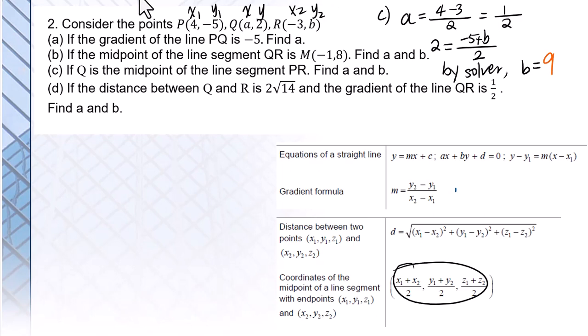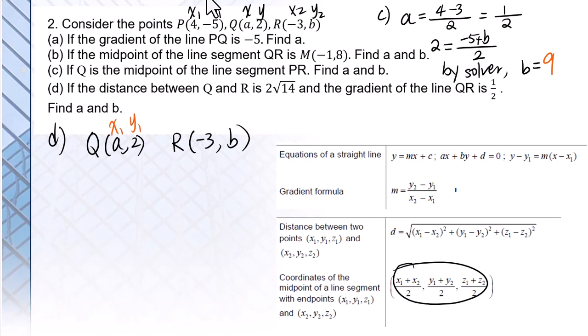Let's go to D. If the distance between Q and R is 2 square root of 14, and the gradient of the line QR is 1/2, find a and b. Q(a, 2), R(-3, b). Let's label x1, y1, x2, y2. Distance is 2 square root of 14.